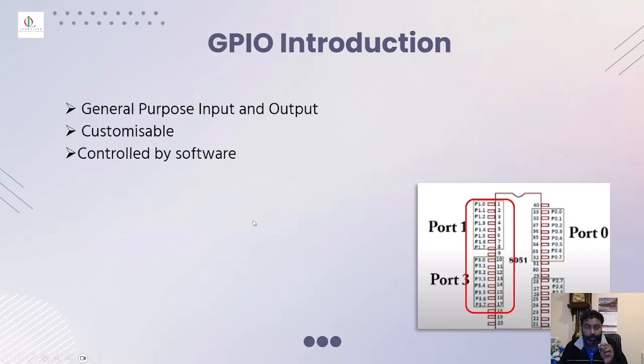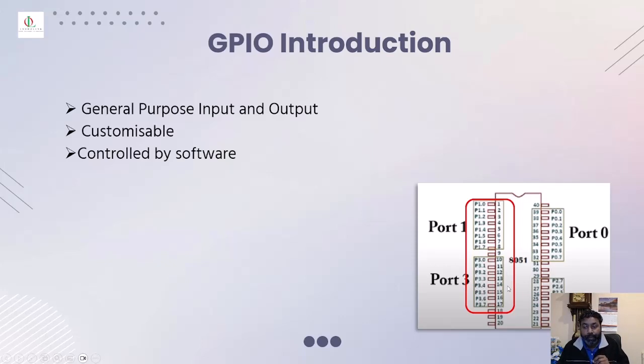The code that you're going to write will help you to determine whether that pin is used for an input or an output. So for example, when someone points out P3.2, what does that mean? It's on port 3 and point 2 is the second pin on port 3.